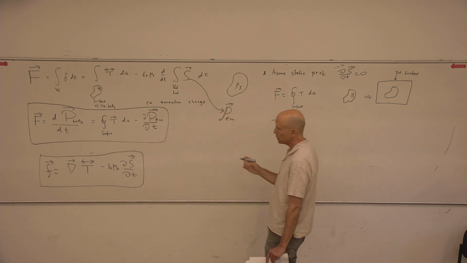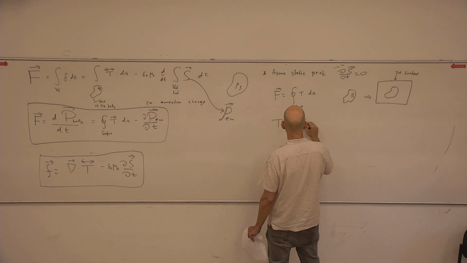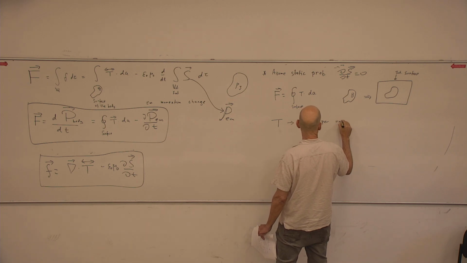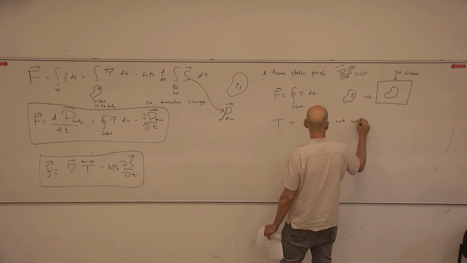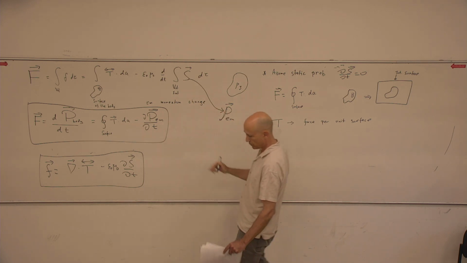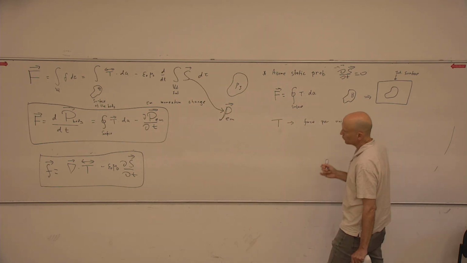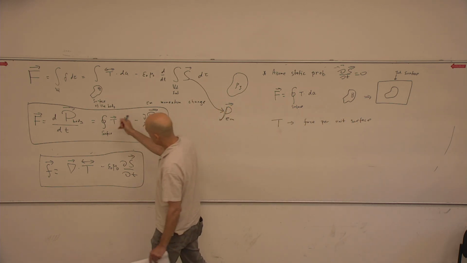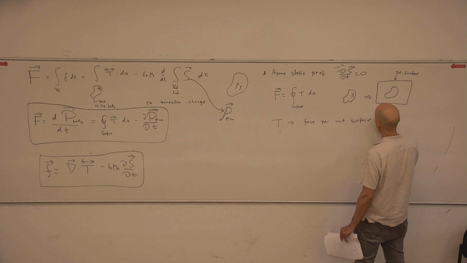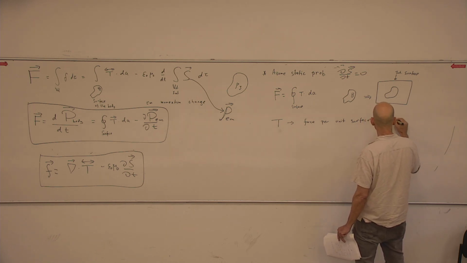So if I look at the physical surface, T is essentially the force per unit surface, right? Because you see it's T dot dA on the surface. This is when I think about the surface of the body. If you want a physical meaning, think of it as force per unit surface.